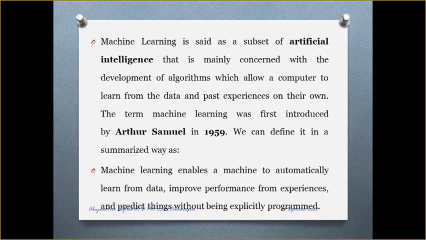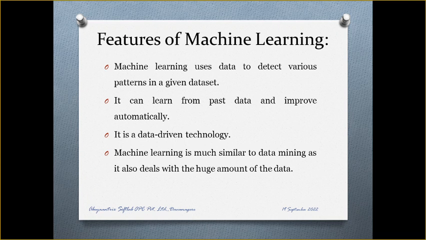And it will predict the results without being explicitly programmed. We will not give a program saying that for this input this has to be the output. Nothing like that. We just give the past data, and from that data it has to understand the things and predict the results. That is what happens in the case of machine learning.